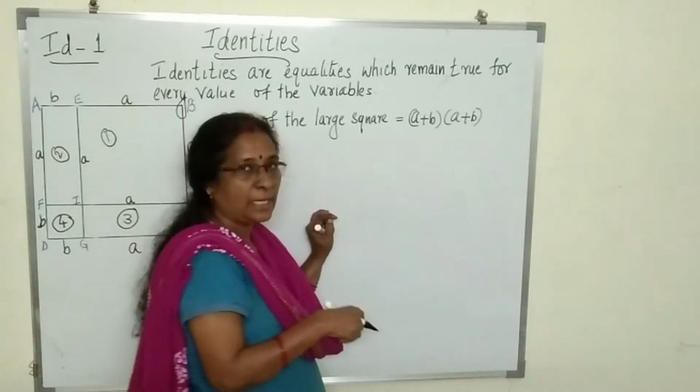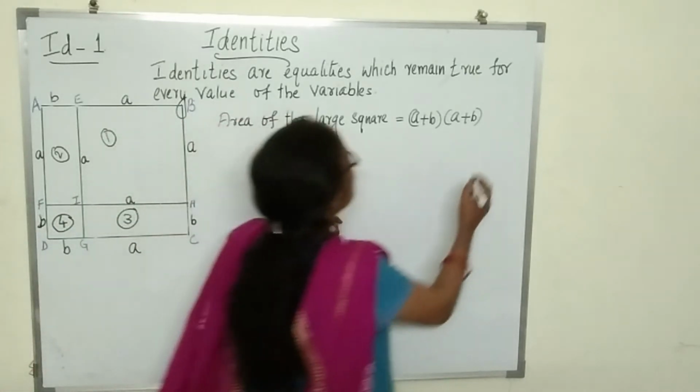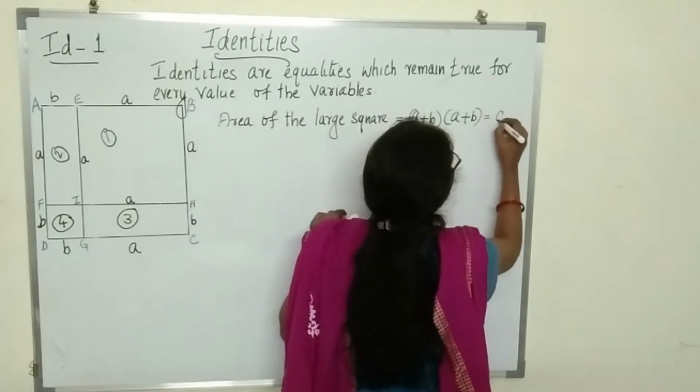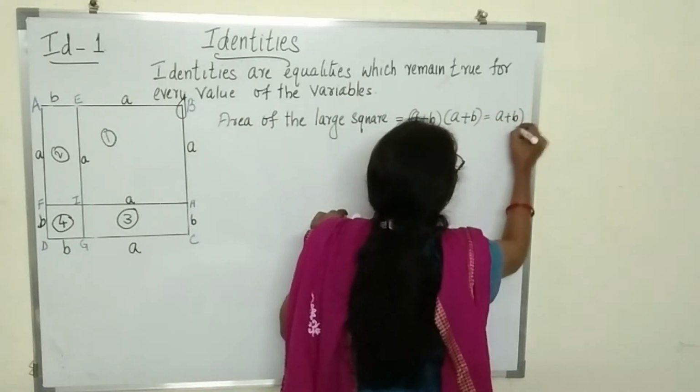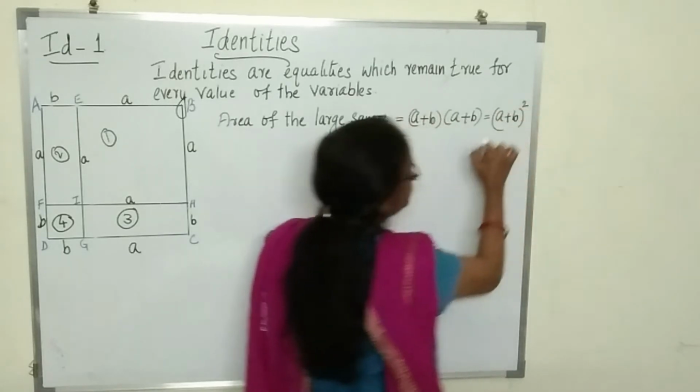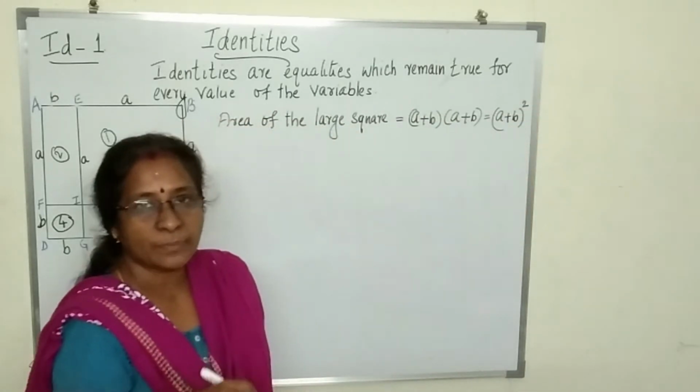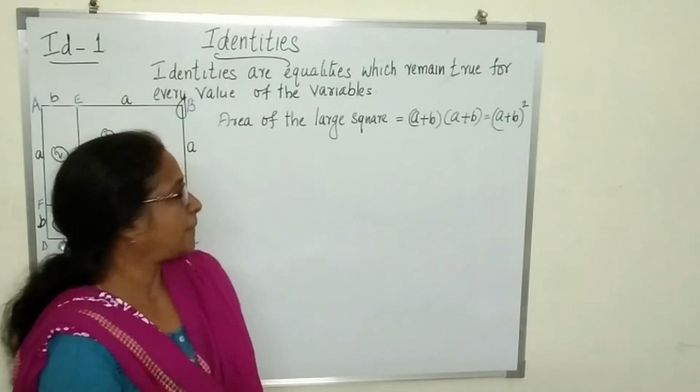So A plus B into A plus B can be written as A plus B whole square. How to read it? A plus B whole square.